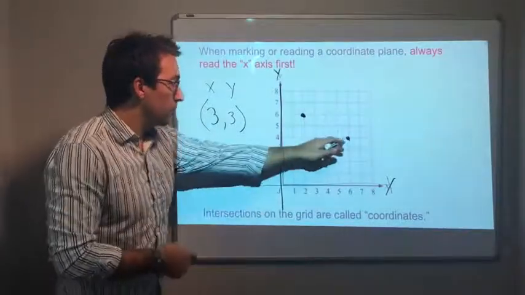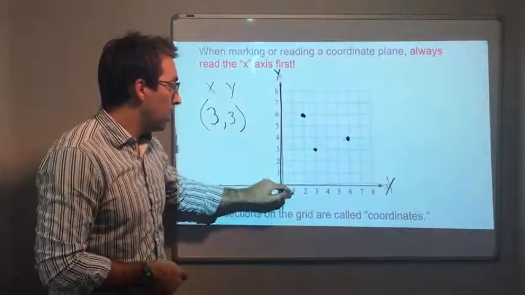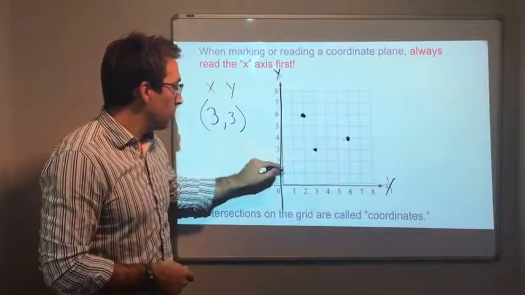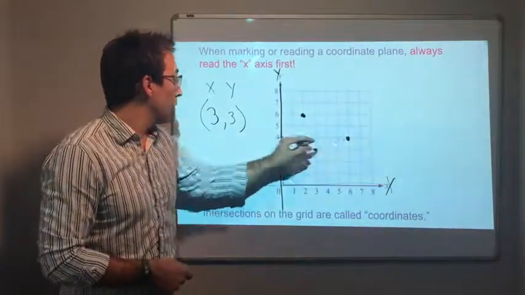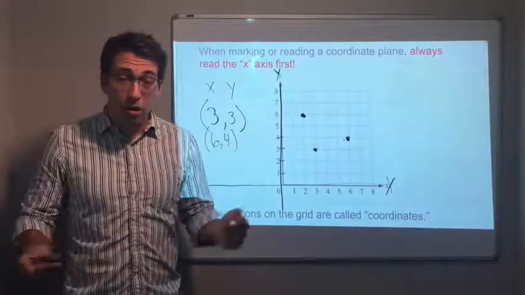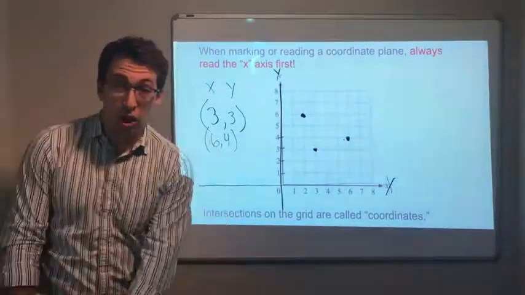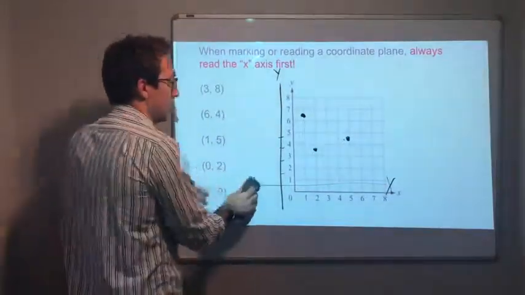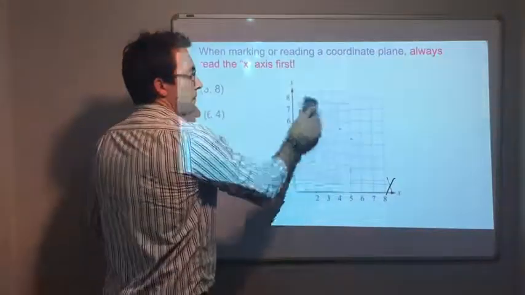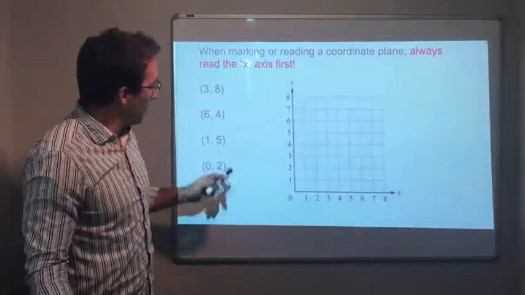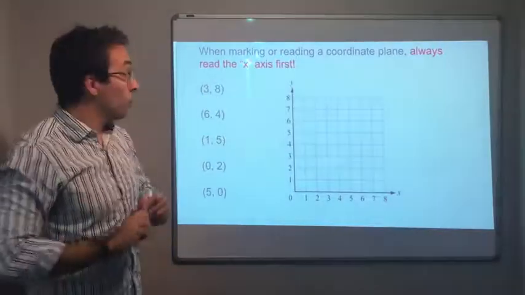I'll give you another example. Look at this one: 1, 2, 3, 4, 5, 6, and then 1, 2, 3, 4. So 6, 4. It's pretty cool, right? We can mark these, and we can do a little more practice. 3, 8.